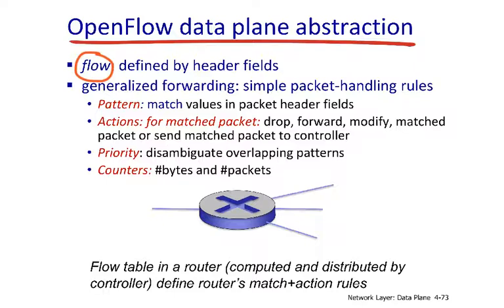So in the generalized forwarding, we have the match, the combination of fields, for example, all the packets created on a specific network, destined to a specific network with this destination port or with this source MAC address, so different values. So the actions can be drop if we want to work with firewalls, discard all the packets coming from a specific device or network. Forward, which is the normal action.